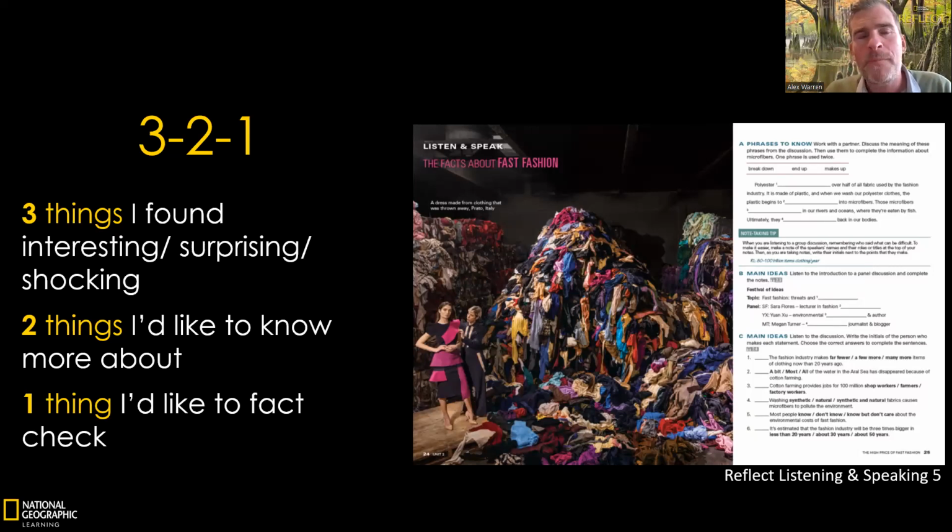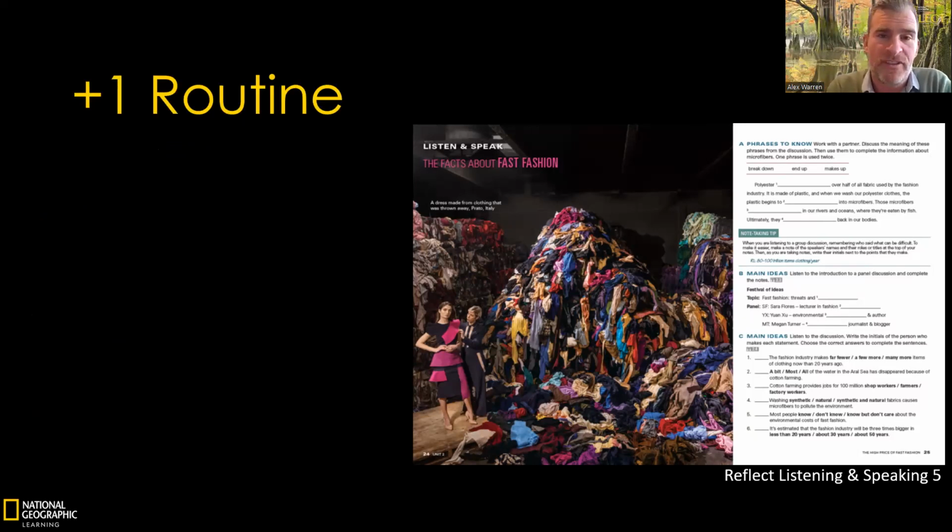Okay, so that's a very oral activity to reflect on what they've read or seen. But if we want to do one that's a little bit more academic, we could do one called the +1 routine. This routine provides learners with a structure for identifying key ideas and committing them to memory after being presented with new information through reading or viewing.